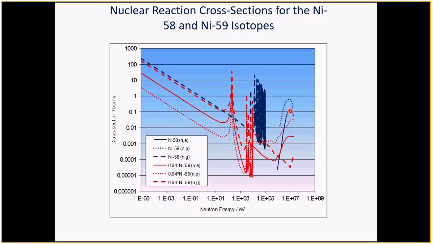So that's this for the reaction with a nickel 58 atom. The N-p reaction is shown here.